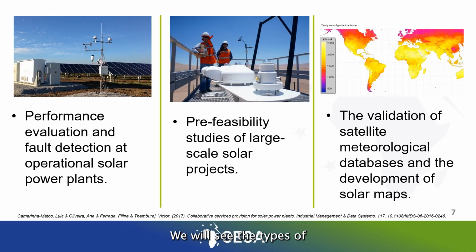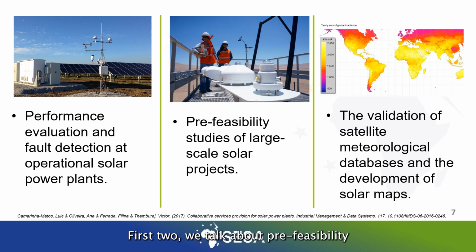In this slide, we will see the types of categories and implementation of the solar sensors and their roles in our study. We can talk about performance evaluation and fault detection at operational solar power plants first.